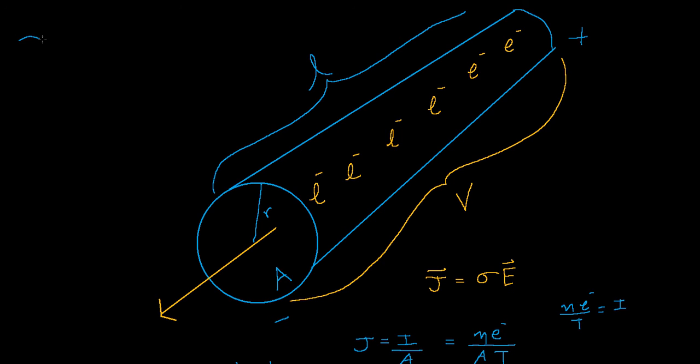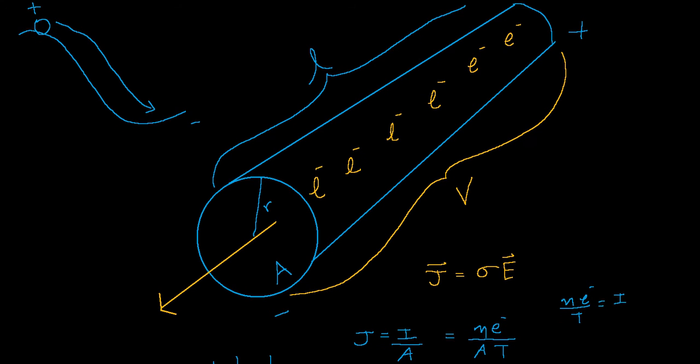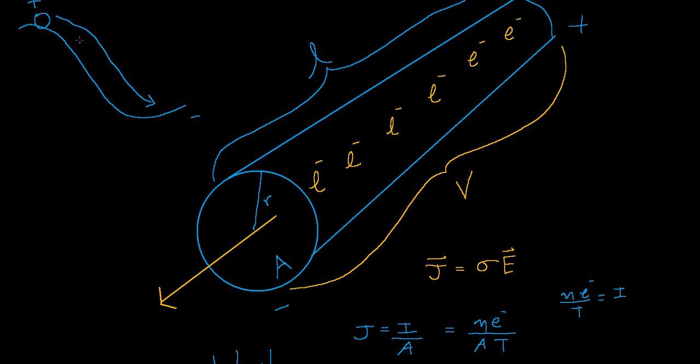It's like if you have a well and you put a ball here, the ball will flow from the higher potential to the lower potential under gravity. It's exactly the same for electricity. If you have a higher voltage and a lower voltage, the electrons will flow from the higher to the lower. So when the electrons flow like this, there must be an electric field pushing the electrons in this direction.